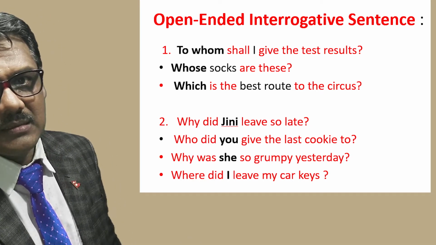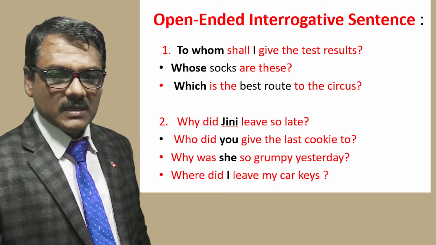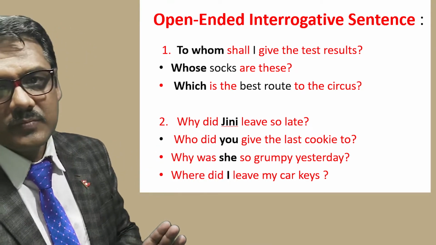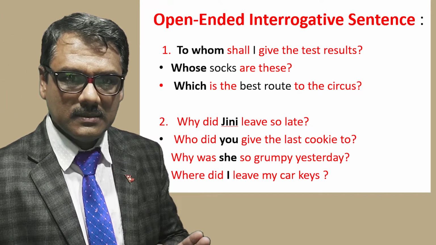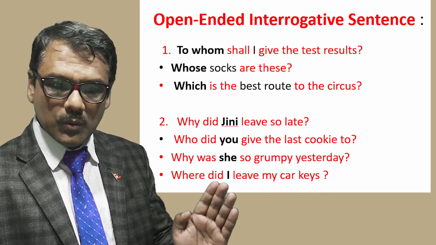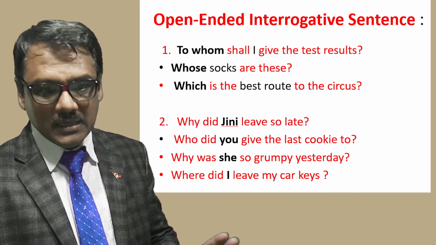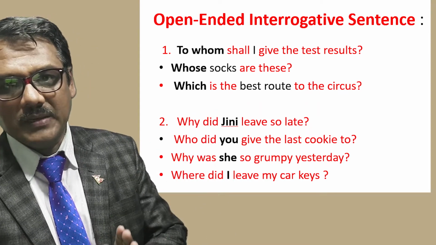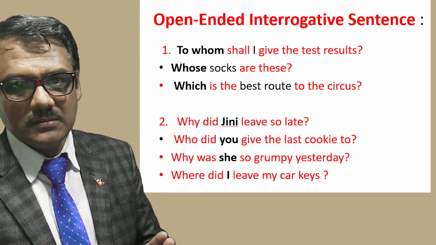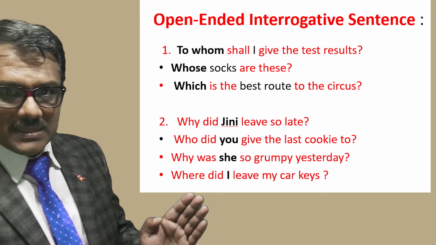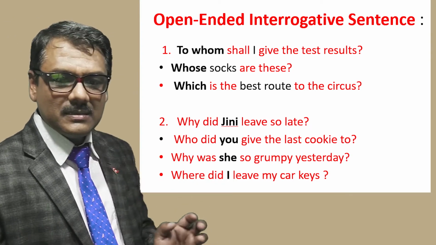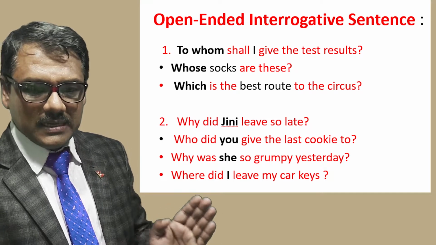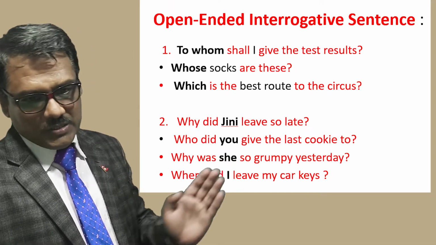That is different. So, in the first, there is the question word: why, who, where. These question words are followed by helping verbs, auxiliary verbs. So, what are the auxiliary verbs used here? Why did? Did is an auxiliary verb. Then why was?